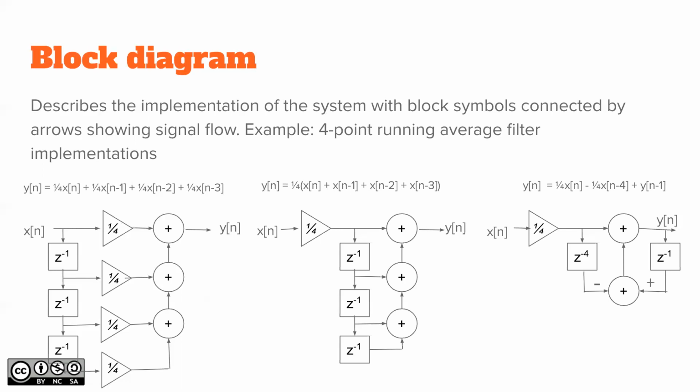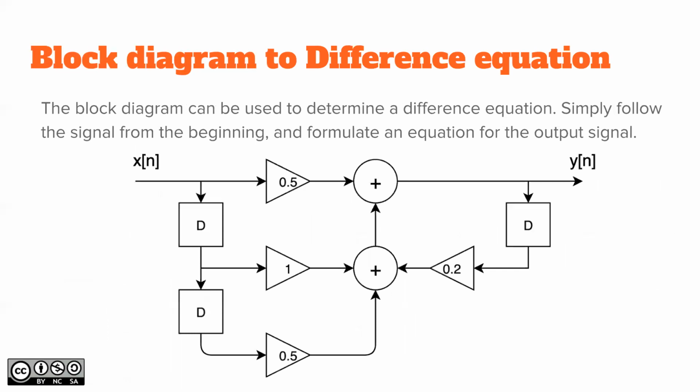Okay, good. So a block diagram is very useful for optimizing a system. A block diagram can be used to determine a difference equation. Fundamentally, this is done quite easily. I'll take the annotation tool again. You just need to follow the signal.